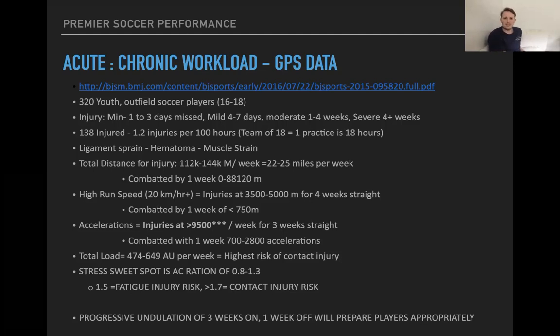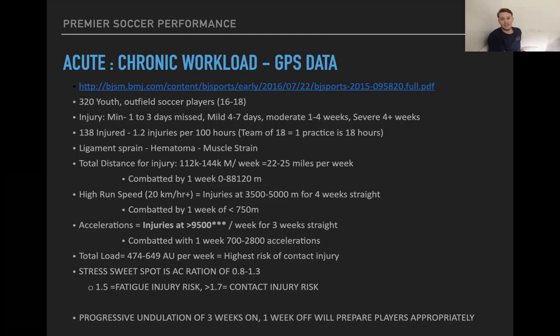So they tracked on the GPS. What are the correlations here? They found that for total distance in a week, if your athletes are going above 22 to 25 miles a week of running, they're more likely to get injured.